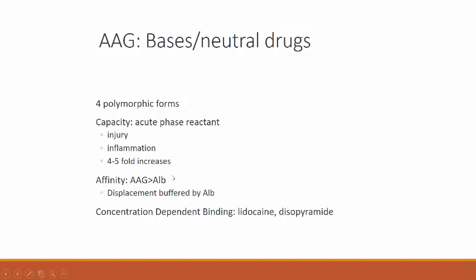So there can be this buffering effect. There's concentration-dependent binding in the therapeutic range for lidocaine, which is a drug used for arrhythmias systemically. It's also used locally as an anesthetic agent, but what we'll be talking about is systemic use. So you can see concentration-dependent binding with AAG for lidocaine and disopyramide, which is another anti-arrhythmic.